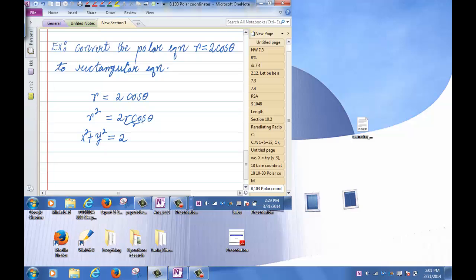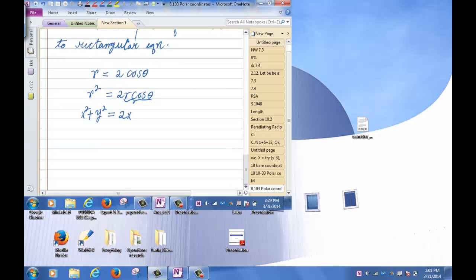You convert it into rectangular, but sometimes you might be asked, do you recognize the graph of this equation? Well, if you look at this equation in rectangular form, can you recognize what that is? Note that what I have now is x squared minus 2x plus y squared equals 0.